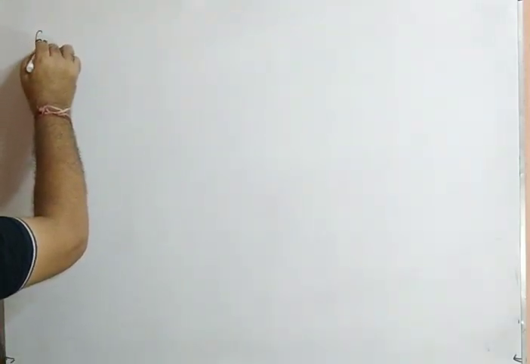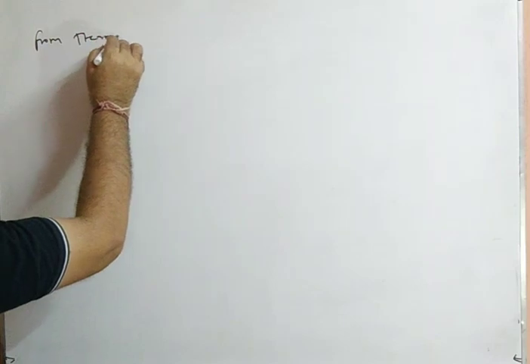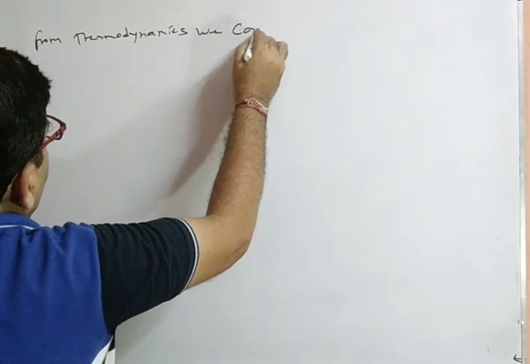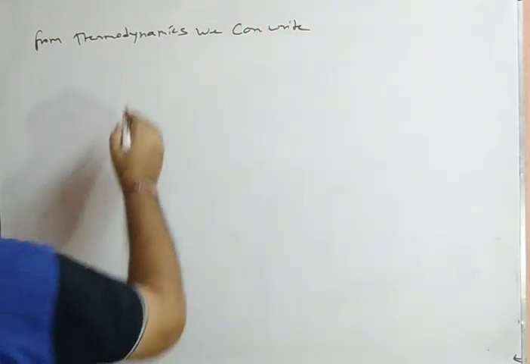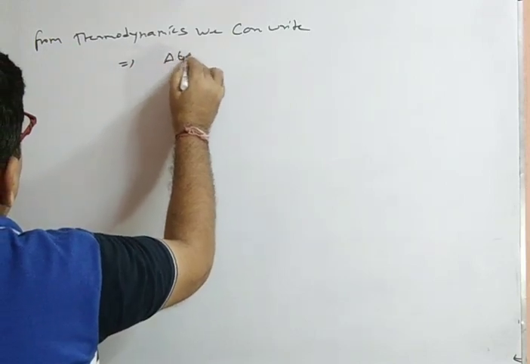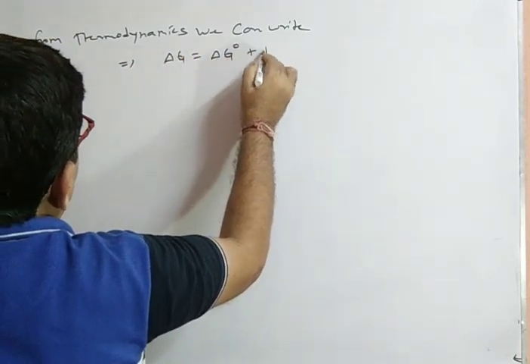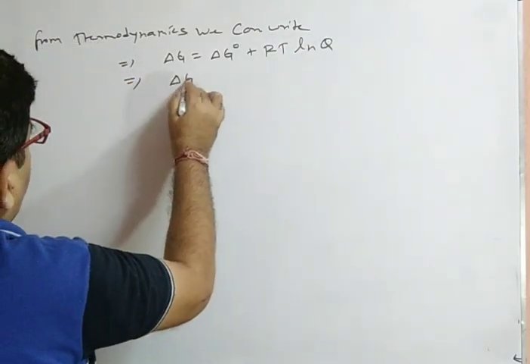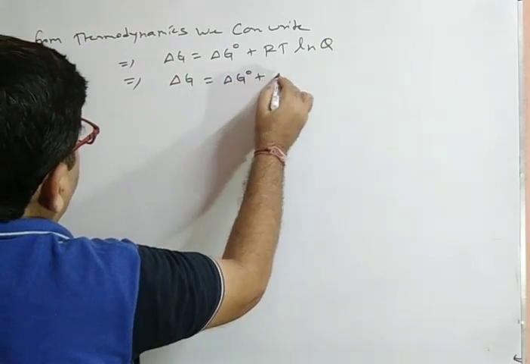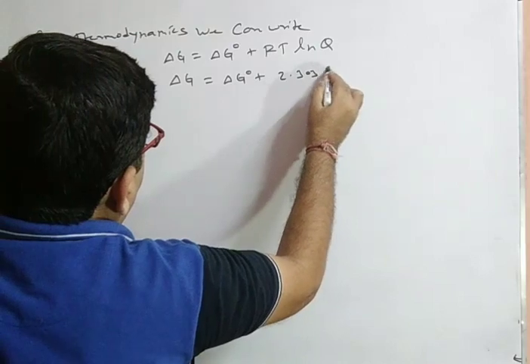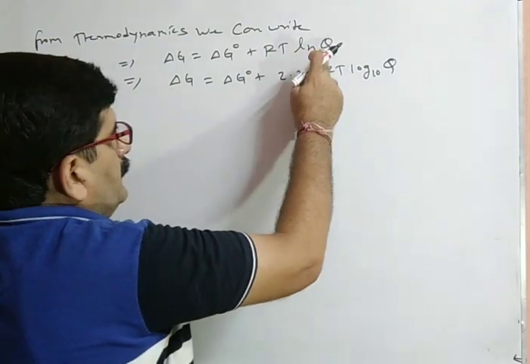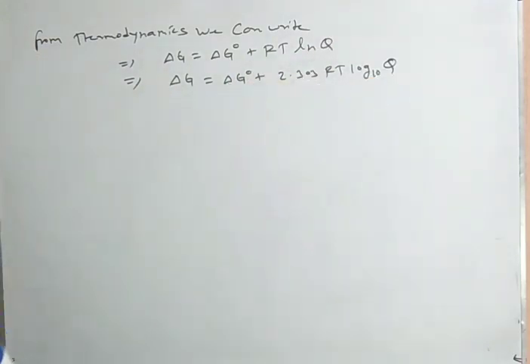From thermodynamics we can write: delta G is equal to delta G naught plus RT ln Q. In other form we can write delta G naught plus 2.303 RT log base 10 Q. Here base e is converted into base 10 by multiplying by 2.303.